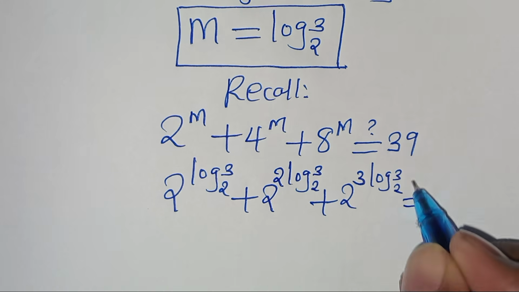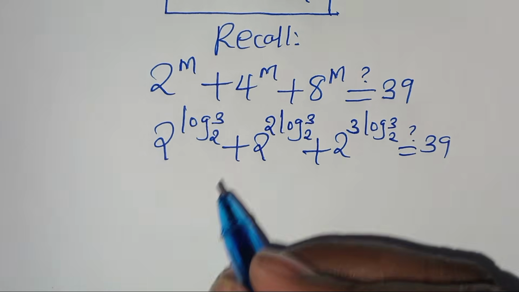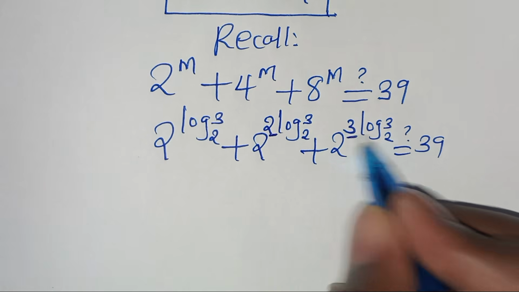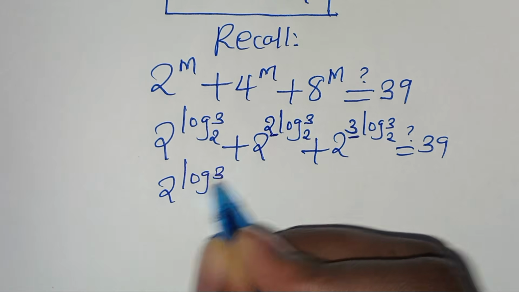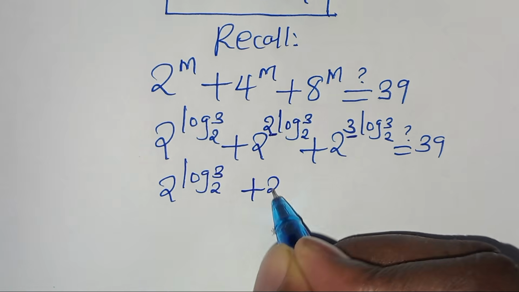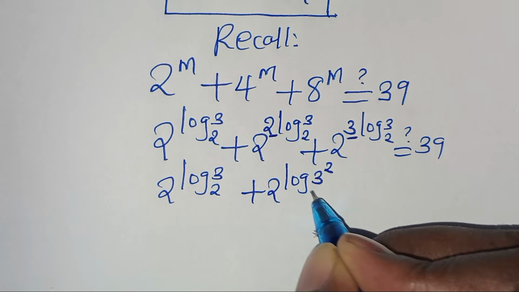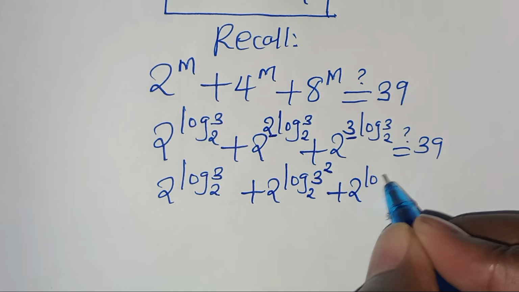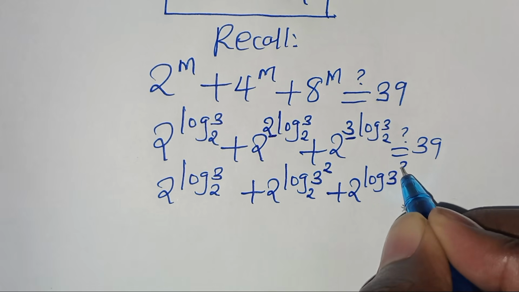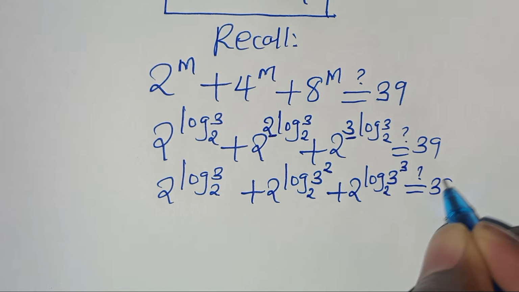This is supposed to give us a value of 39. Now, this is a power, and also 3 is a power, so we can express this as 2 to the power of log 3 to base 2, plus 2 raised to the power of log 3 squared to base 2, then plus 2 raised to the power of log 3 to the power of 3, then to base 2. This should give us a value of 39.